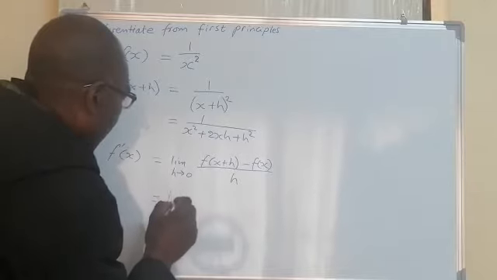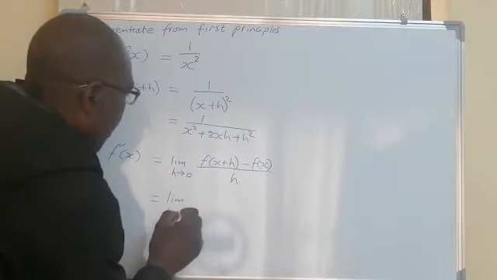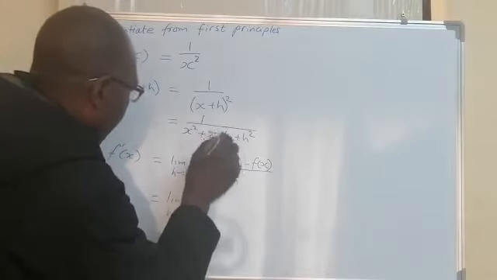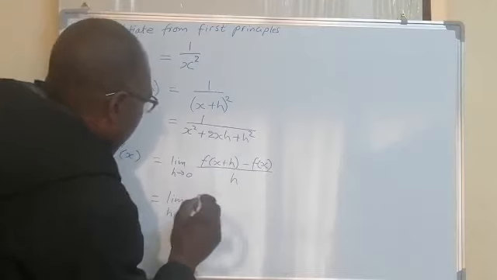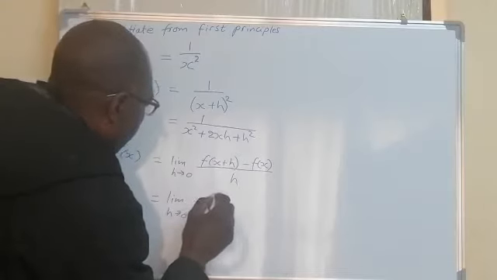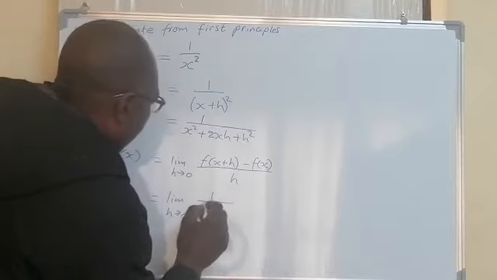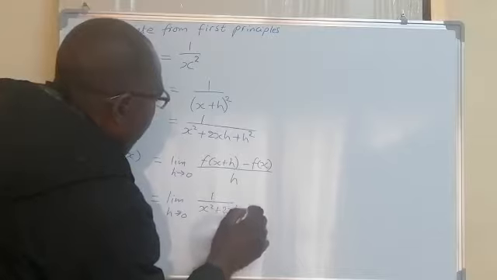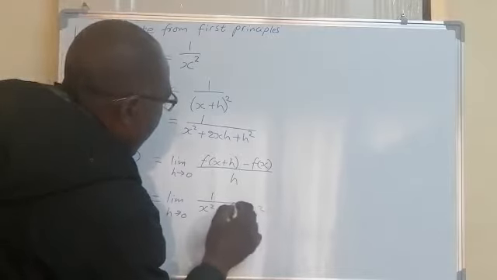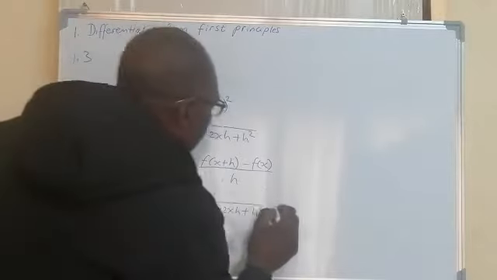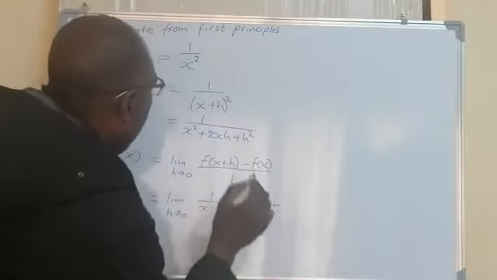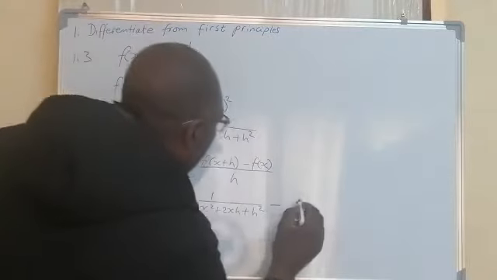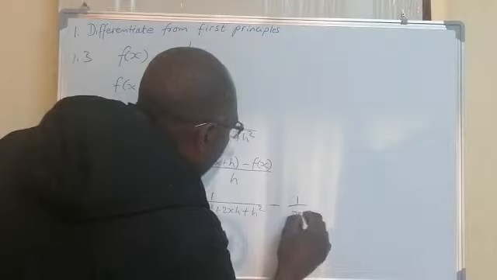This will give us limit h to 0, and for this one we are going to write this expression, which is 1 over x squared plus 2xh plus h squared minus f of x, which is 1 over x squared.